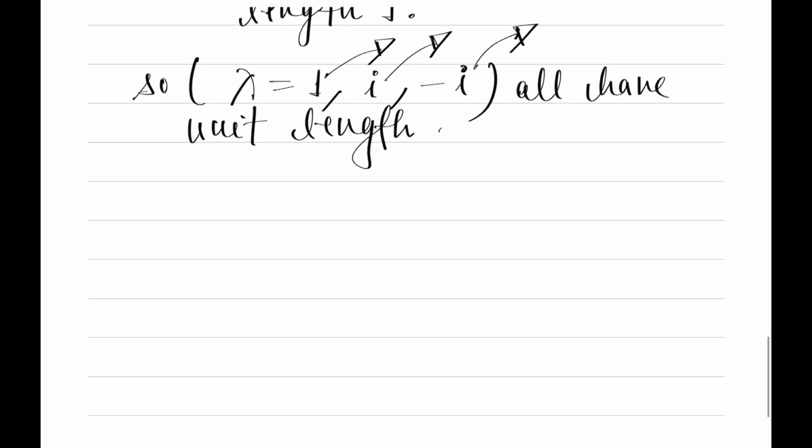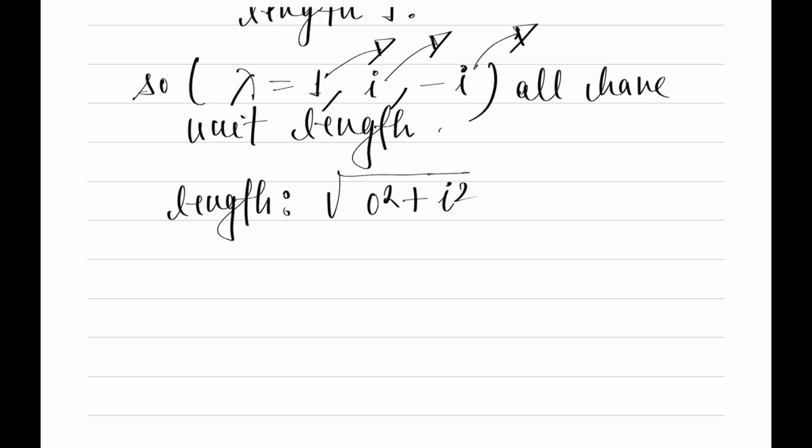Length here means if we take the square root of 0 square plus 1 square, it is equal to the square root of 1, which is equal to 1.